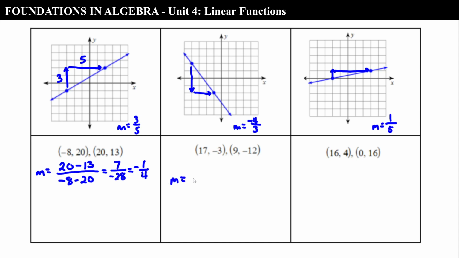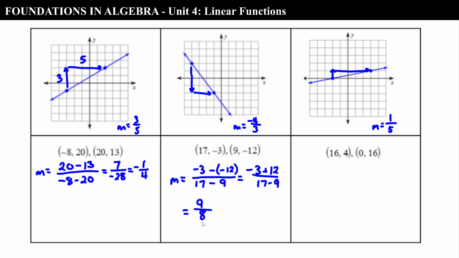For the next one, we're going to have -3 minus -12 over 17 minus 9. So that's going to be -3 plus 12 over 17 minus 9. So -3 plus 12, that is going to give us 9. 17 minus 9 is going to give us 8.